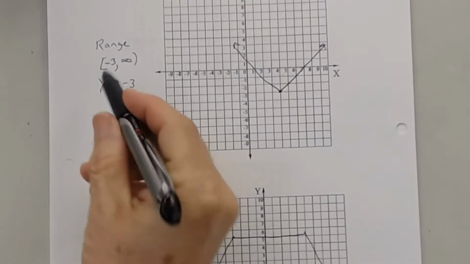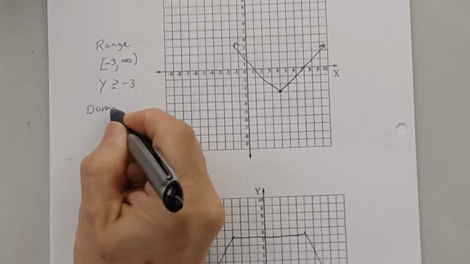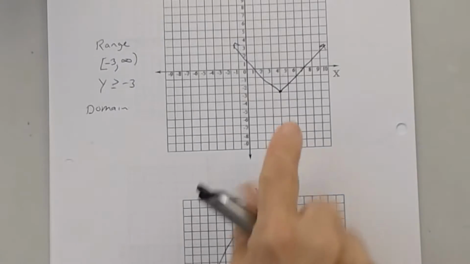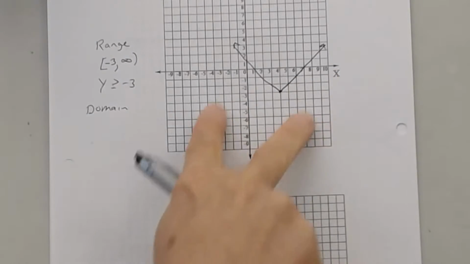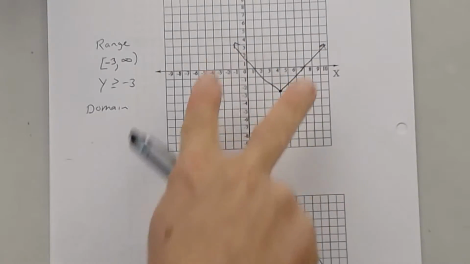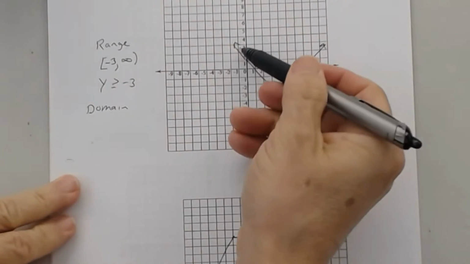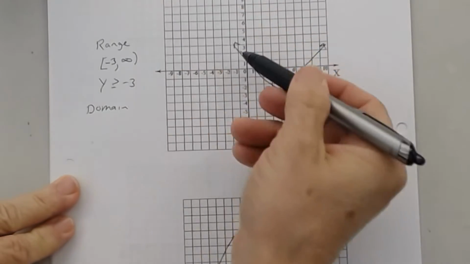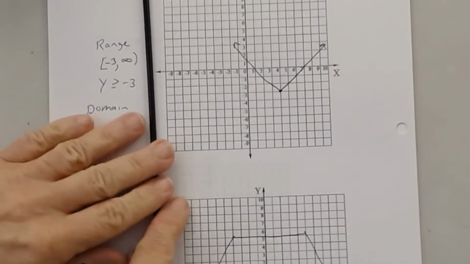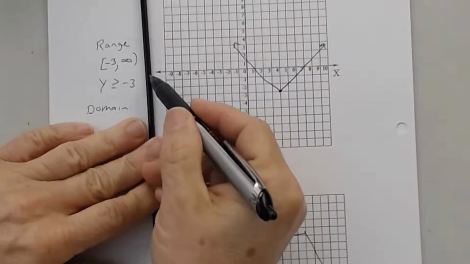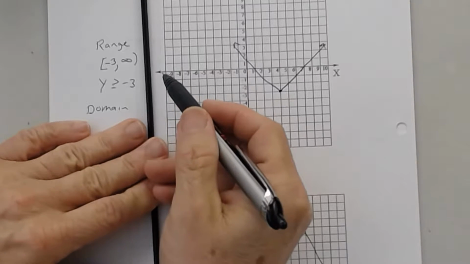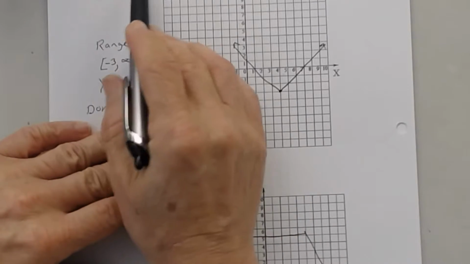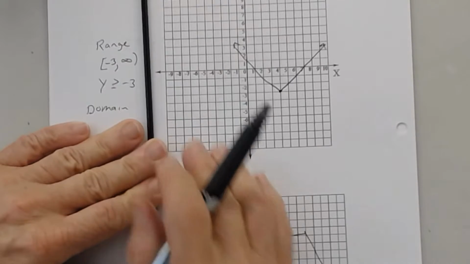Now let's talk about domain. For domain, notice that these arrows are going up, correct? And so also notice that it keeps going this way right here. So I'm going to ask you this. If this x value right here represents negative 1 million, am I going to get a point on the graph? Yes.